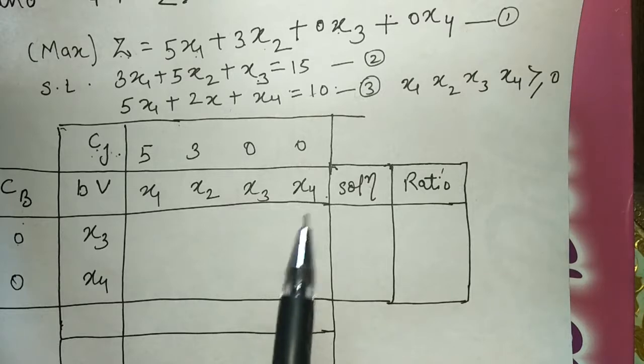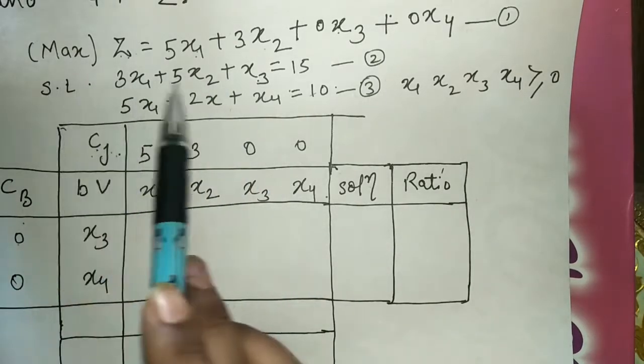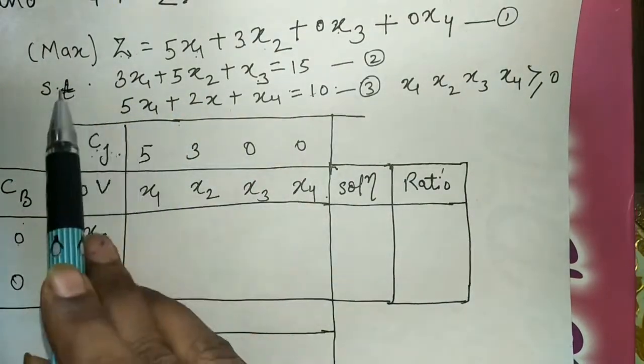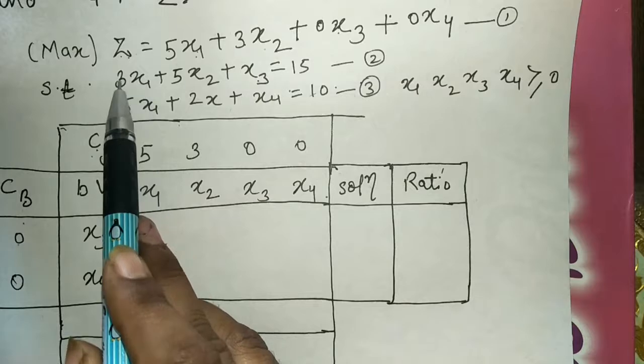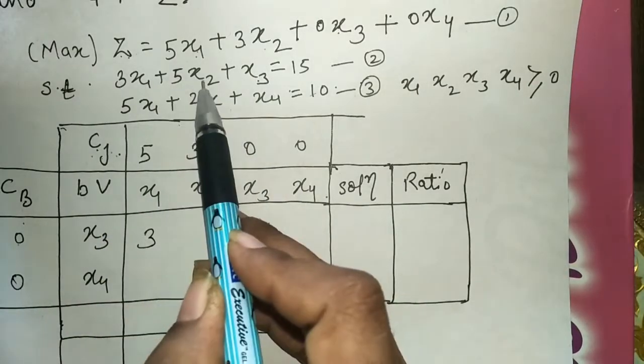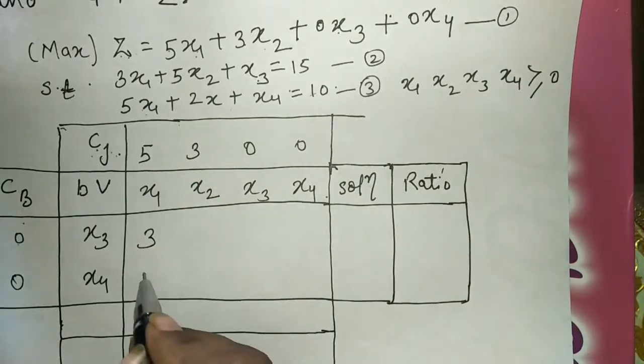Basic matrix will be formed by the coefficients of these subject to conditions, or the coefficients of constraints. So in the first constraint, coefficient of x1 is 3. Here you can see in the second constraint, coefficient of x1 is 5.